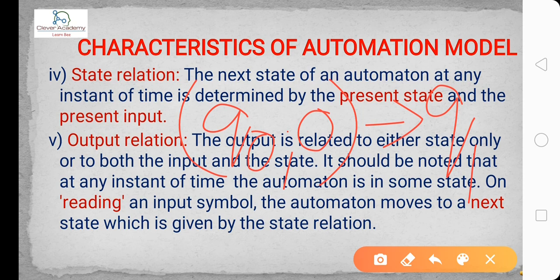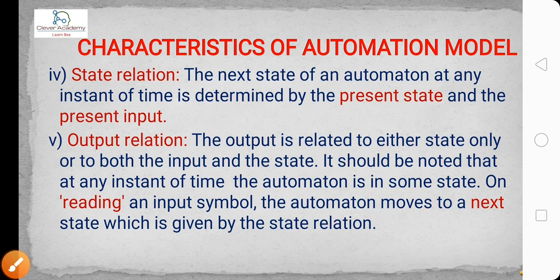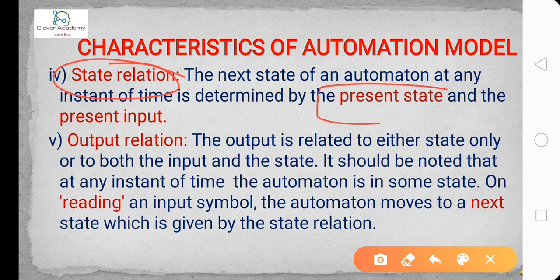That's what you call a transition. So you have the state q0 and you take the input. Whenever q0 on 0, it moves from q0 to q1. That is the relationship between the states q0 and q1, determined based upon the present state as well as the present input.